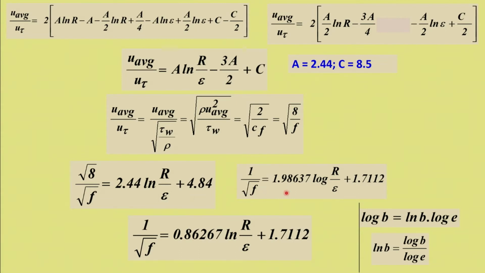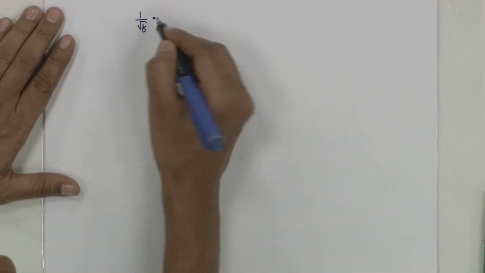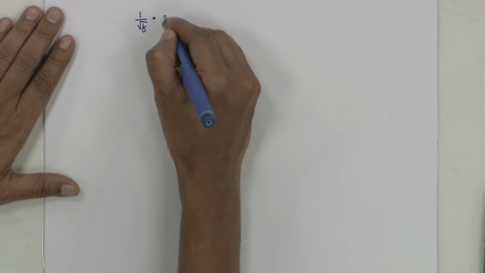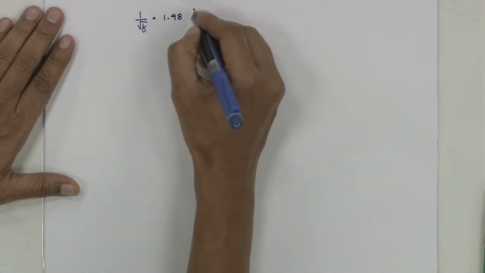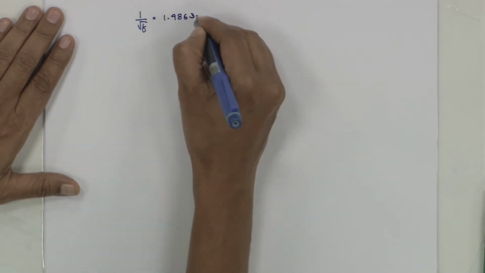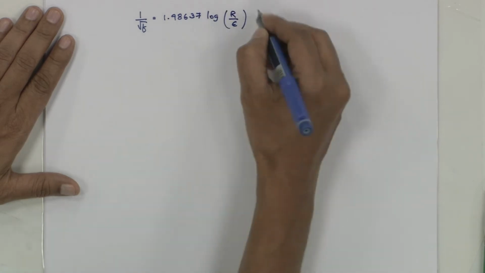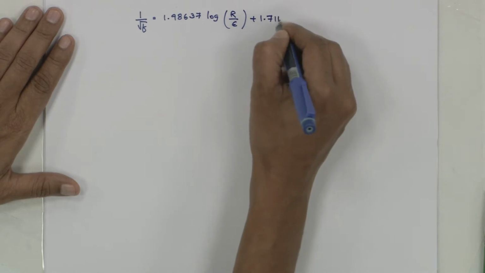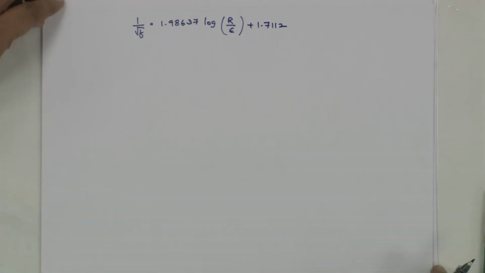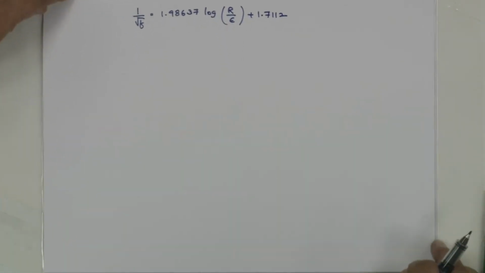If I divide throughout by root 8, I get, that's where we had stopped, 1 by root f equal to 1.98637 log of r by epsilon plus 1.7112. This is what we had gotten.